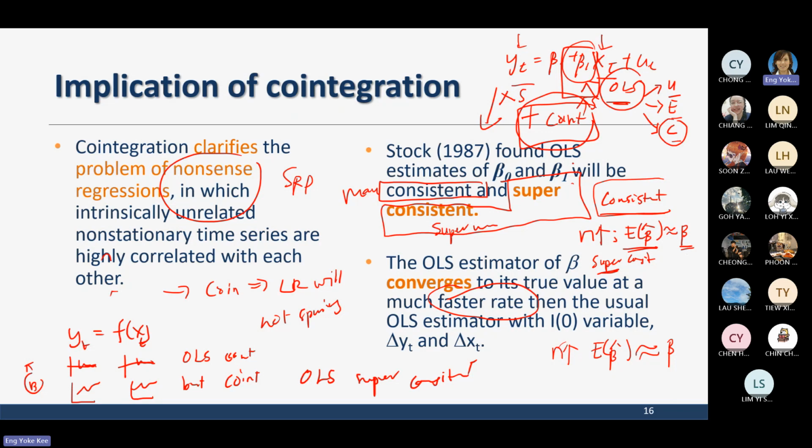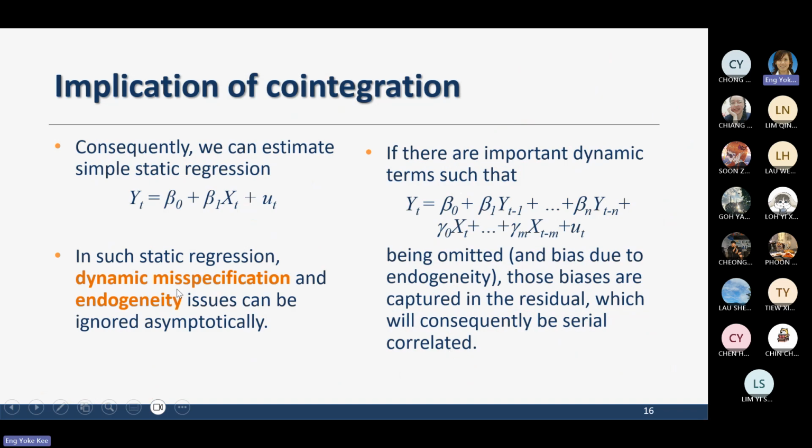So that is the benefit you enjoy if you manage to detect co-integration between the two. Consequently, we can estimate this simple static regression now, even though X and Y are not stationary.